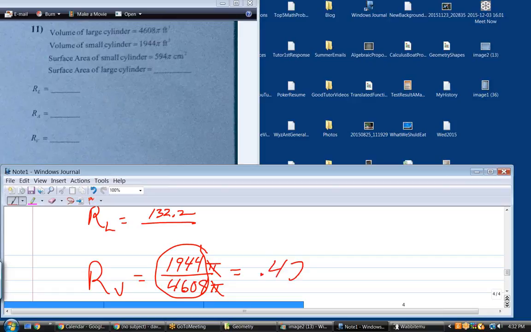It's 0.421. Now take the cube root of that number. All right. So just raise it to the 0.333. Sorry, I'm trying to use the fancy calculator for this.